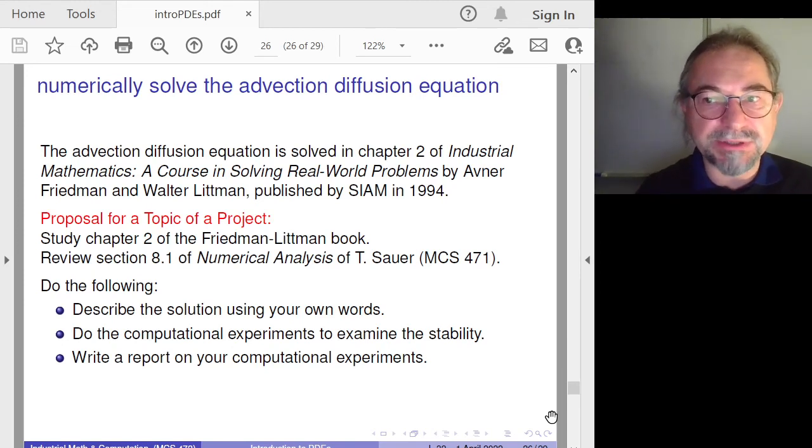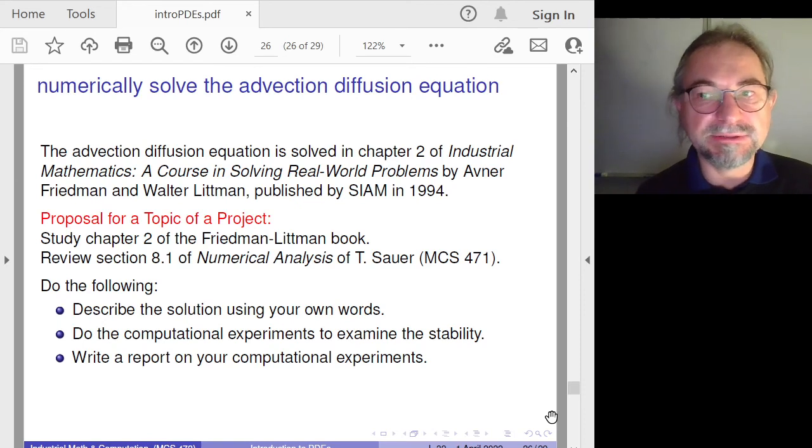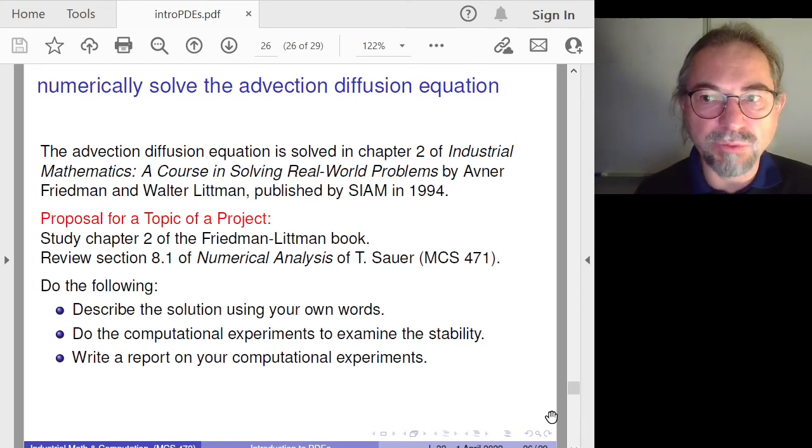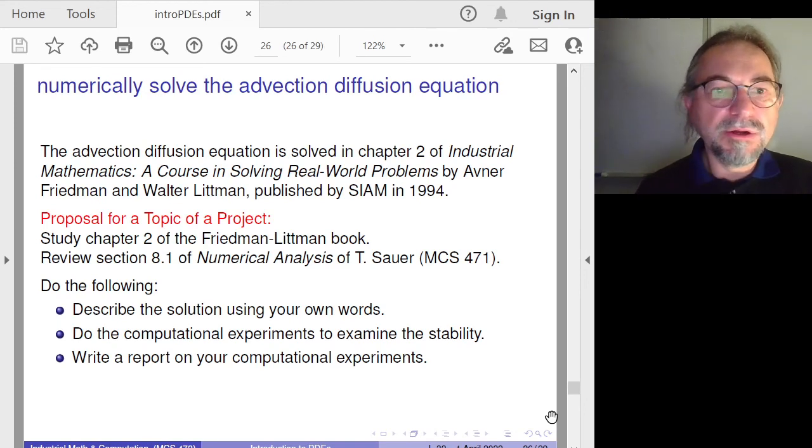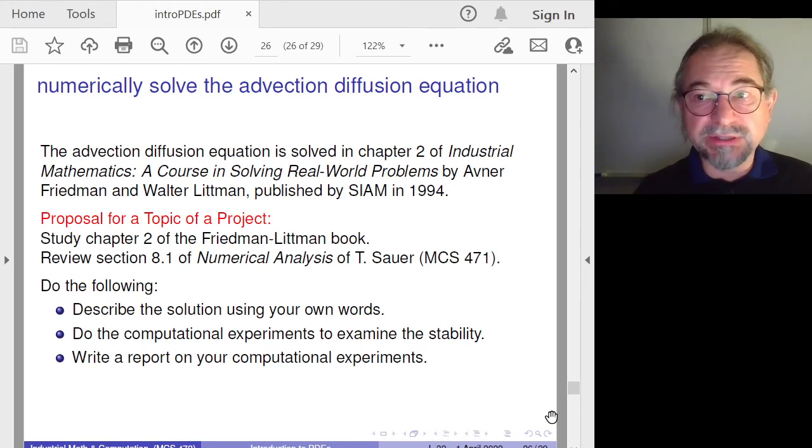What is the step size in time and in space? In MCS 471, we had code to run the method of Crank-Nicolson, choosing the right discretization for space and time. That is also discussed in the Friedman-Littmann book.